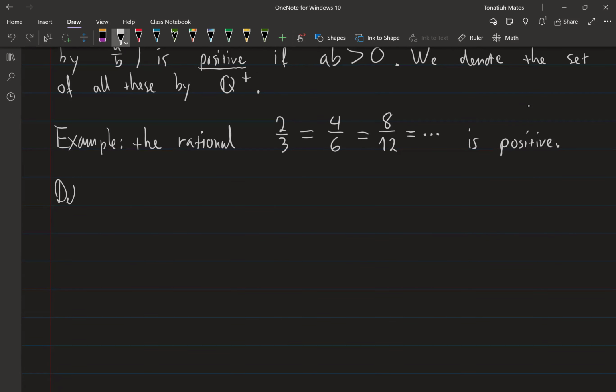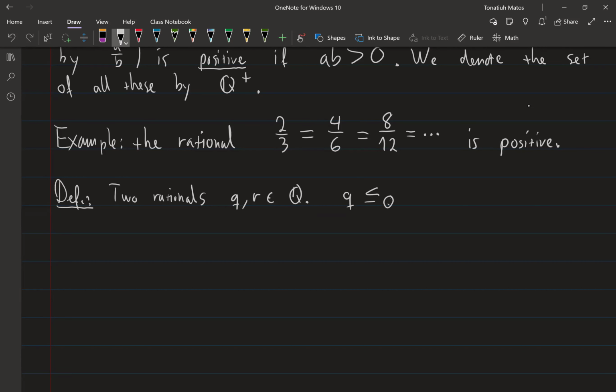So the definition is, two rationals, q and r, right? So let's see, have two rationals.